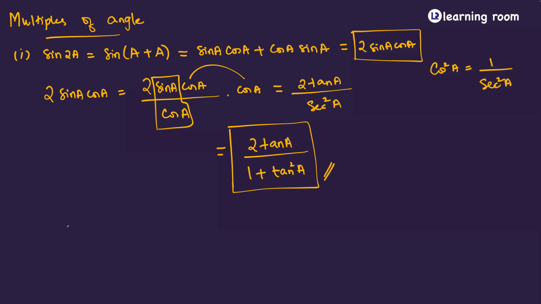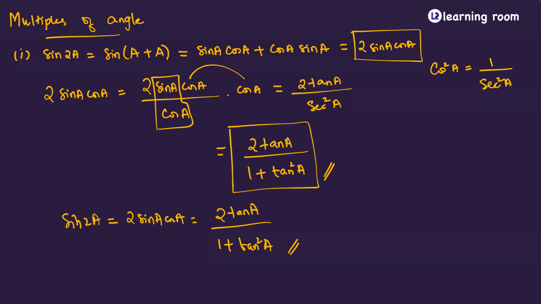So let me write an extra step. Sine 2a is basically 2 sine a into cos a, or it is also equal to 2 tan a divided by 1 plus tan square a. Clear with this? You are expected to remember this.